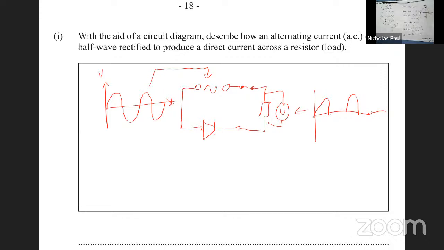When the circuit is turned on, the diode will conduct in the positive part of the alternating cycle, and the reverse bias is negative.